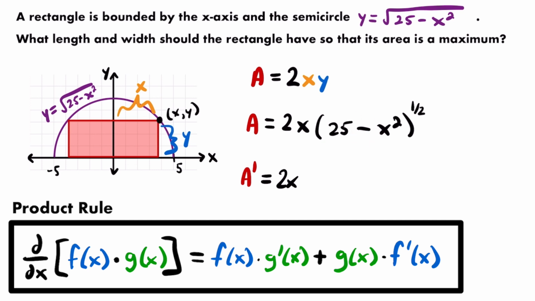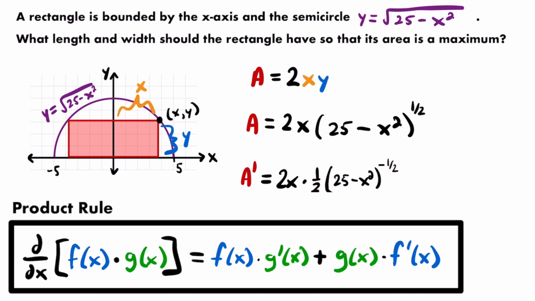So that will look like this. The derivative of the outside function, we'll just use the power rule. We'll multiply that 1/2 down and subtract 1 from that power. So we will be multiplying by 1/2 times 25 minus x squared to the negative 1/2 power, right? We multiplied 1/2 down, kept the same inside function, and then subtracted 1 from the power, and 1/2 minus 1 is a negative 1/2. So that's the derivative of the outside function.